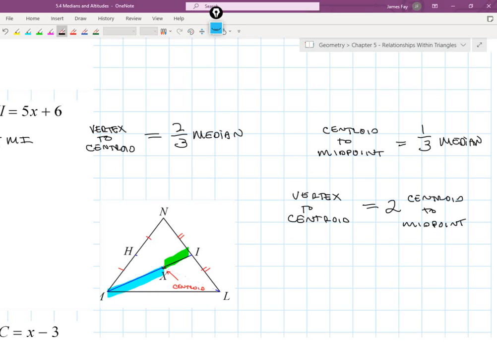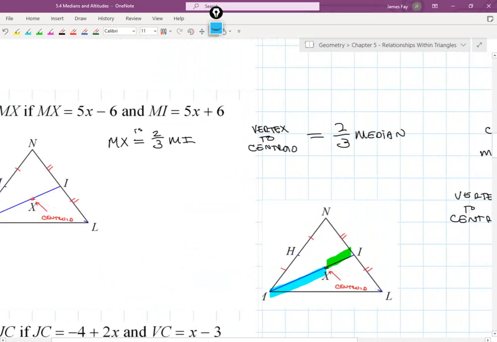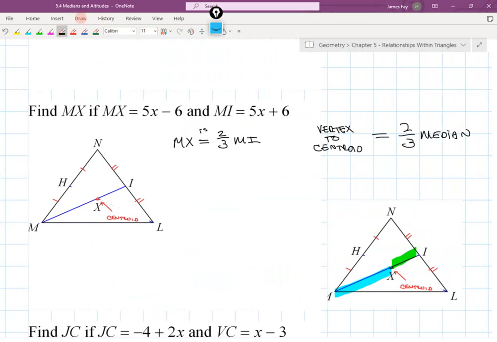So when we go back to our particular question and I highlight the things they're talking about, MX and MI, those are the things I'm comparing. MX is vertex to centroid, and MI is the entire median.